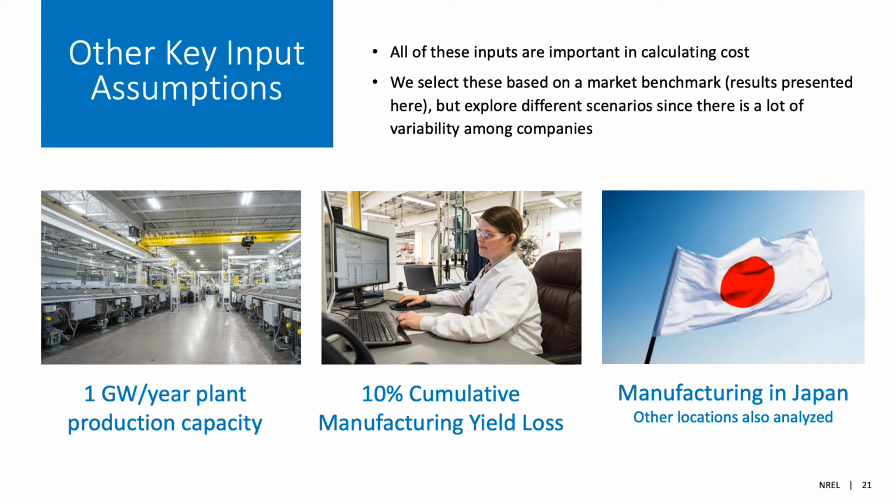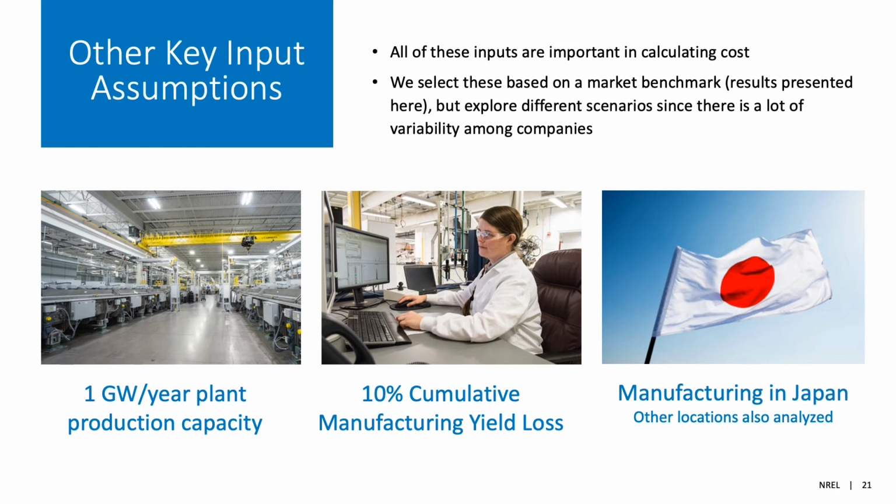But we also change these parameters to explore different scenarios in terms of future directions for technologies or to look at variability between companies. So here we assumed a 1 gigawatt per year production capacity for the plant, a 10% cumulative manufacturing yield loss. So in our models, we actually have a different yield loss for each step that's based on our interview data, and then it's accumulated to determine how much is lost at the end of the production process.